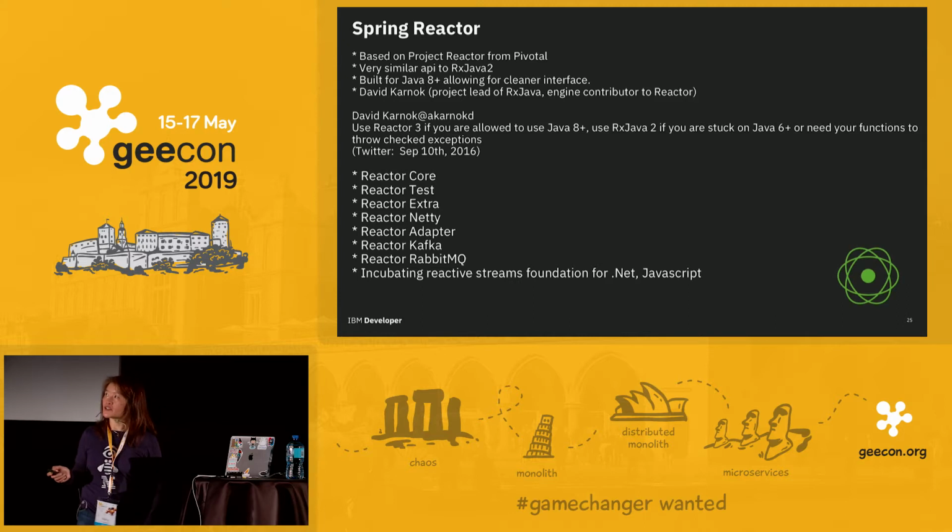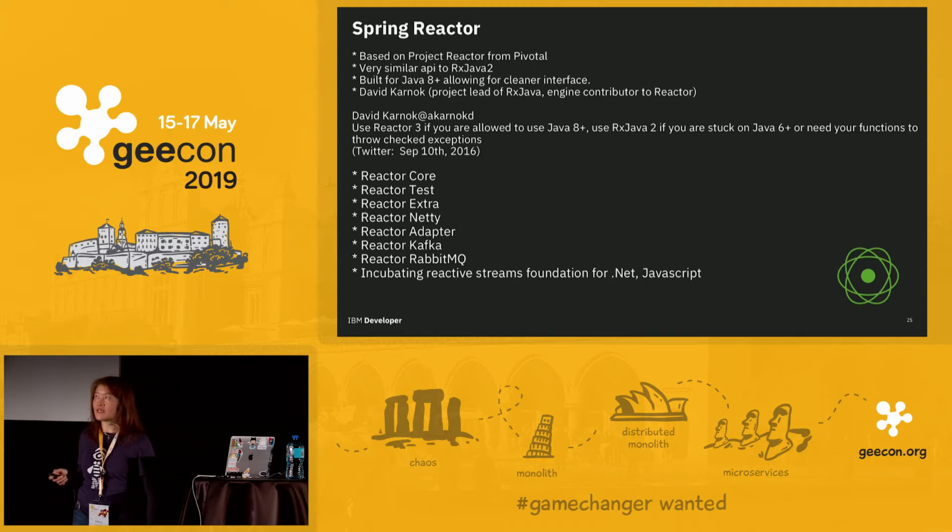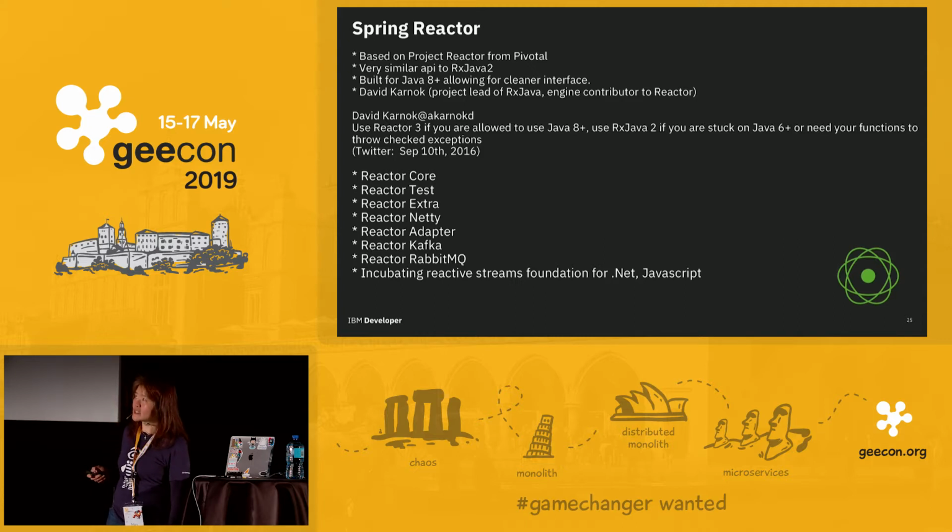This whole list are all the libraries that come out of Spring Reactor, but the core is the library you use for building your reactive applications. You can see it also integrates very well with other libraries, supports testing, and integrates with Netty, Adapter, and Kafka, RabbitMQ as well.